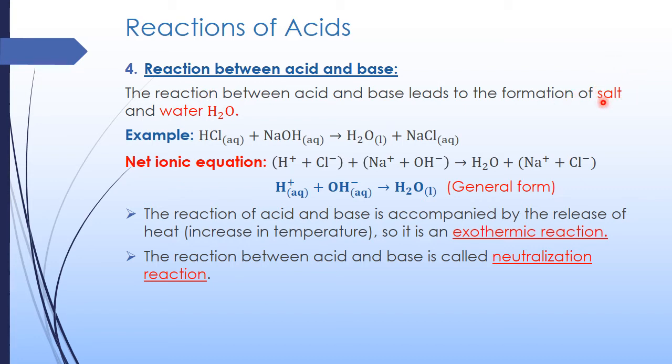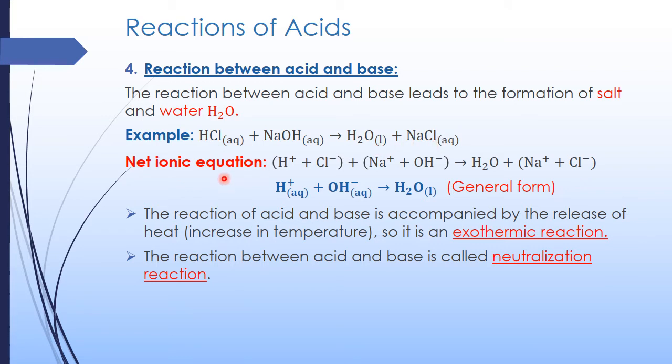The salt is formed from the cation of the base and the anion of the acid. For example, the reaction between hydrochloric acid and sodium hydroxide, which is a base, NaOH. The first product is H2O. The second product is a salt made up from the cation of the base, Na+, and the anion from the acid, Cl-, which produces NaCl, sodium chloride.